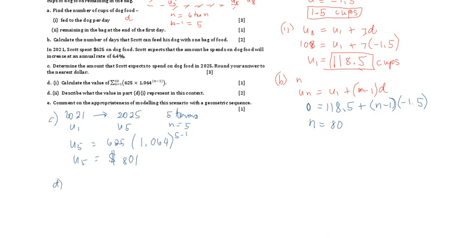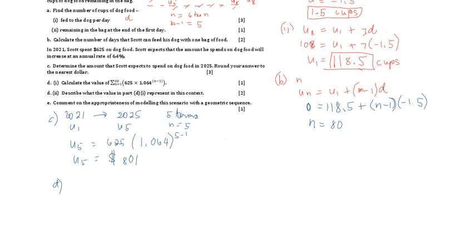For letter D, calculate. By the way, the answer here is 8. Anyway, we're just going to write the answer to 3 significant digits.